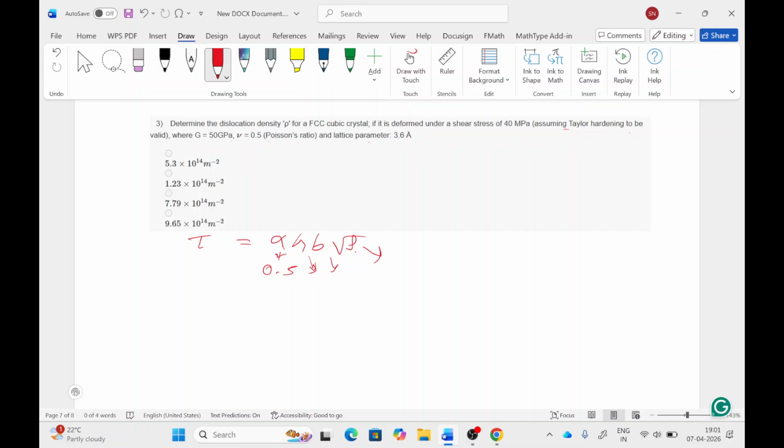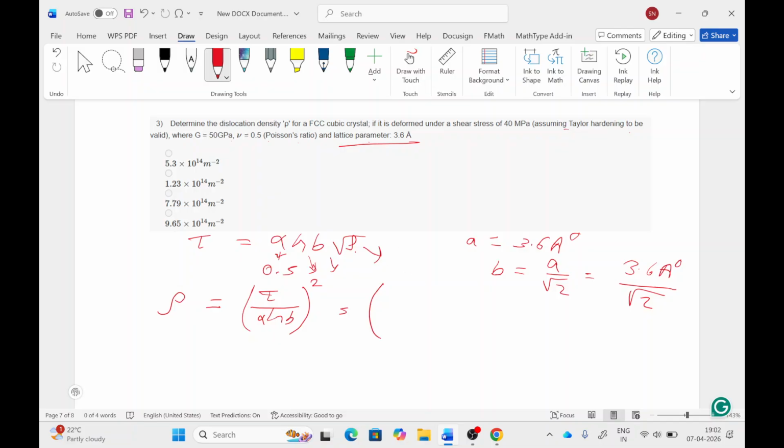So we have been given lattice parameter a as 3.6 angstrom. For FCC material, the Burgers vector is generally equal to a by root 2. So we can calculate the Burgers vector from this, and if we put all values, the dislocation density will be tau divided by alpha G B, and the square of the whole term.